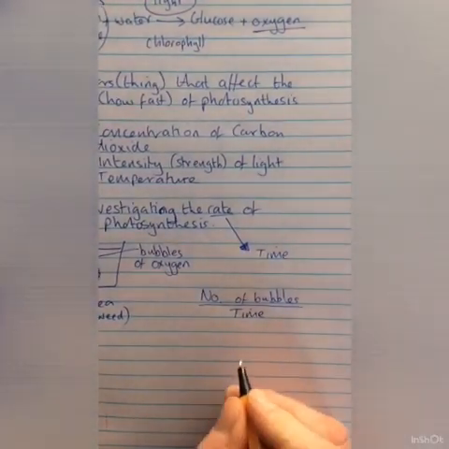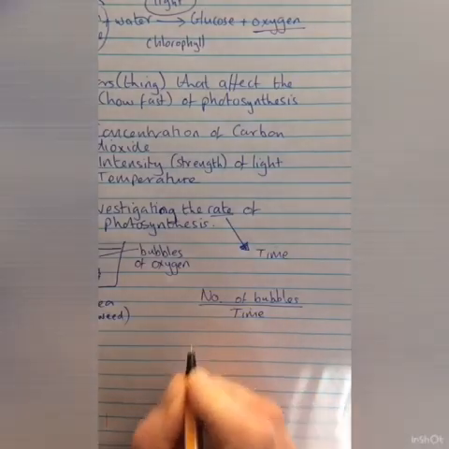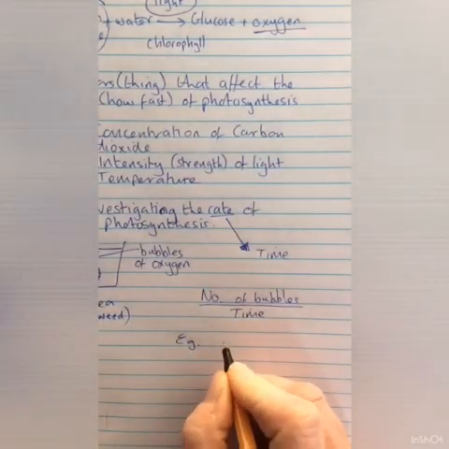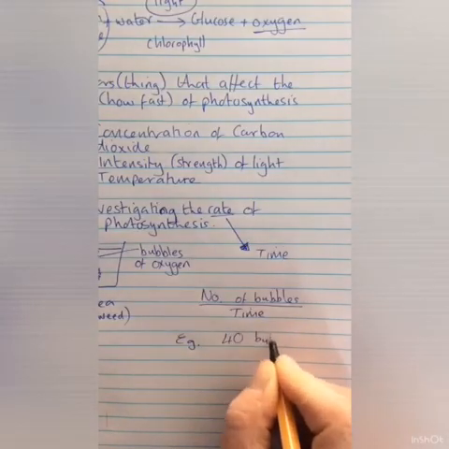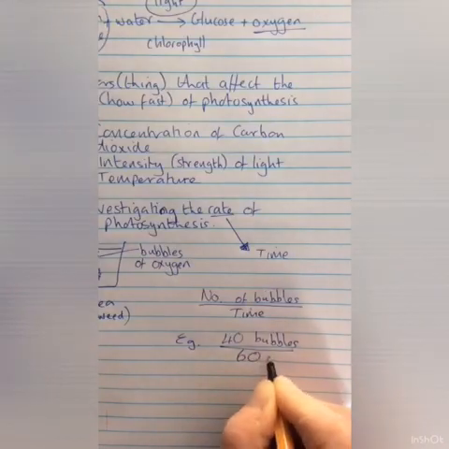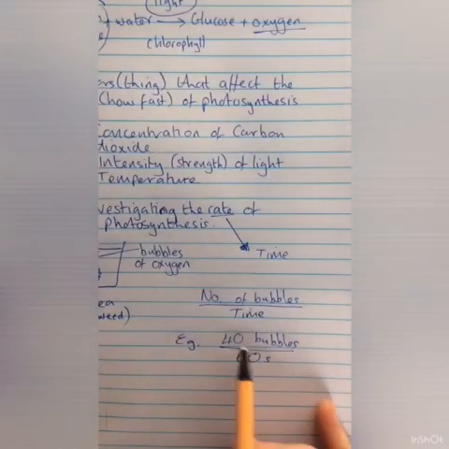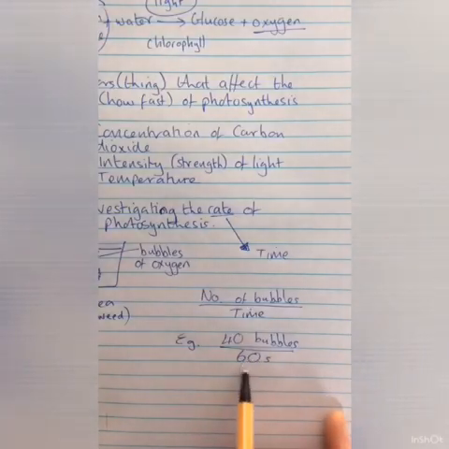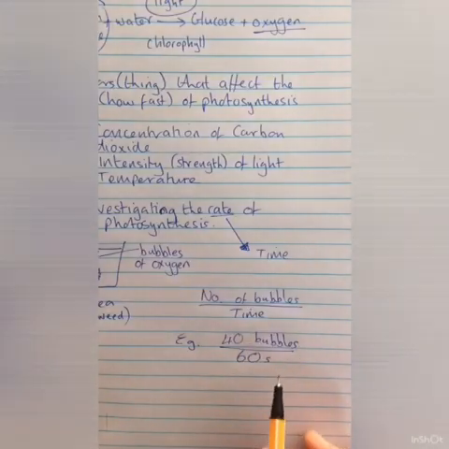Let's do 1 minute, it's a little bit easier. Let's just say there were 40 bubbles produced in 1 minute, 60 seconds. So you do this to work out the rate. You do the number of bubbles, 40, divided by the time, 60 seconds. And that's how you would work out the rate of photosynthesis.